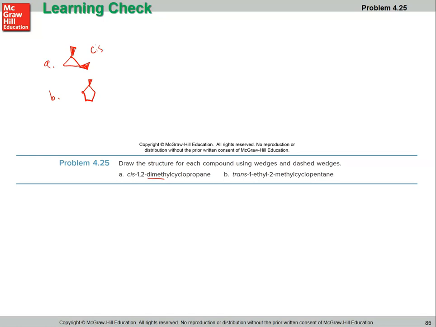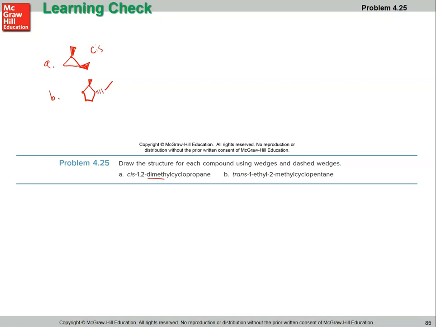So that's showing it's coming out of the screen here. That's the ethyl group, the methyl group, and then the ethyl is the trans conformation. So we're going to do a dash, and we can show that in that format. So we're just showing you that this dash is attached to another group.